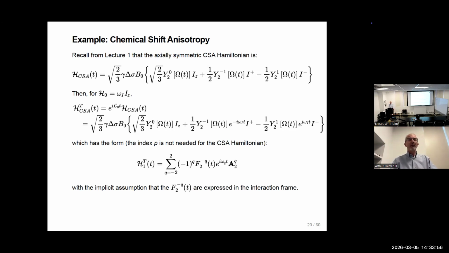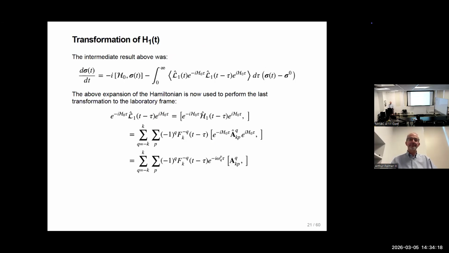So I've chosen wisely the operator basis to get a very simple looking equation in the interaction frame. And implicitly, I transformed the F's into the interaction frame, but I don't need to indicate that for what I'm going to do. Of course, everything would be transformed into the interaction frame.